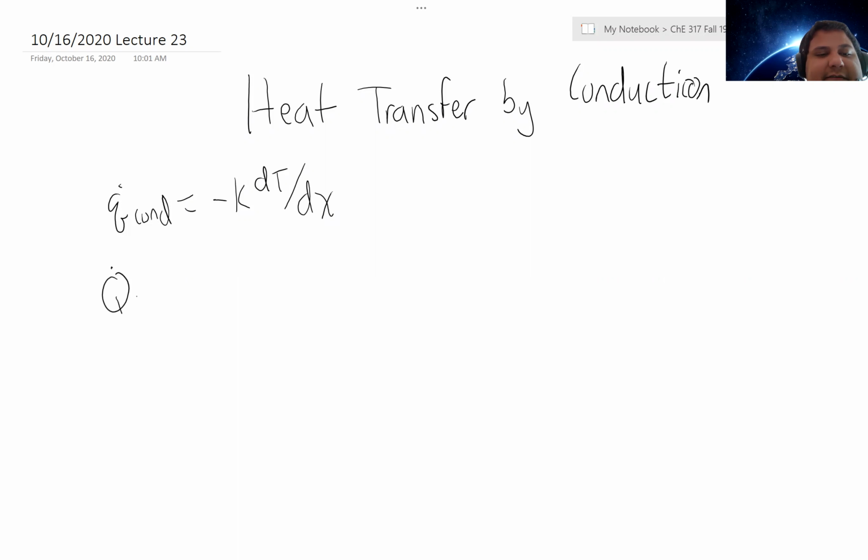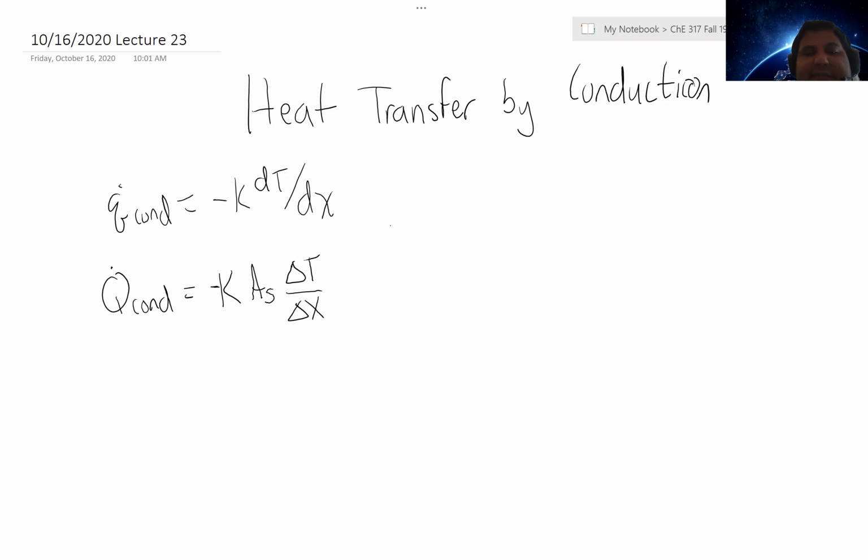When I consider the general form of Fourier's law, I can say heat transfer via conduction is equal to k times the surface area times the temperature gradient divided by the thickness in which heat transfer is occurring.